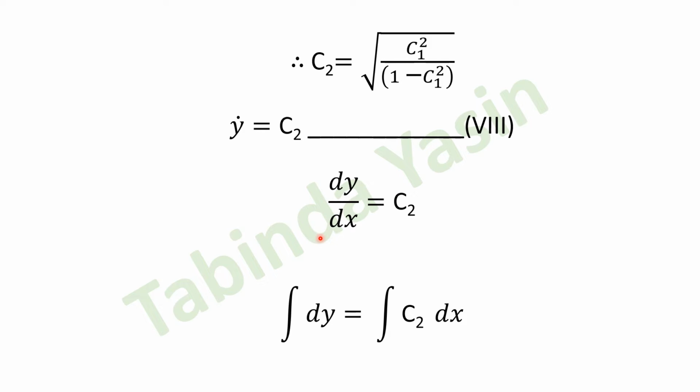Taking the dx from the denominator to the right hand side and integrating, we get integral dy is equal to integral C2 dx.